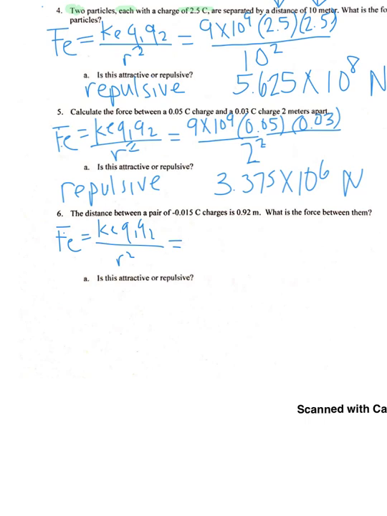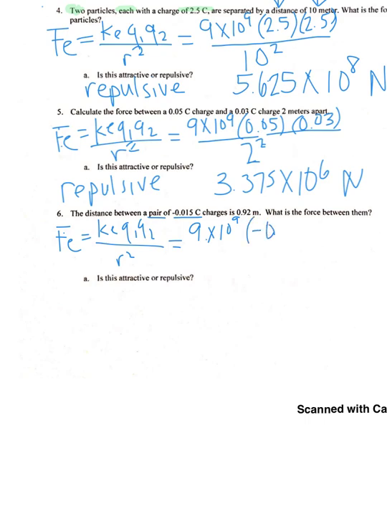And this is going to be, once I start plugging it in, Ke is 9 times 10 to the 9th. And it tells you there's a pair, right, pair of negative charges. So that means that both charges are going to be negative.